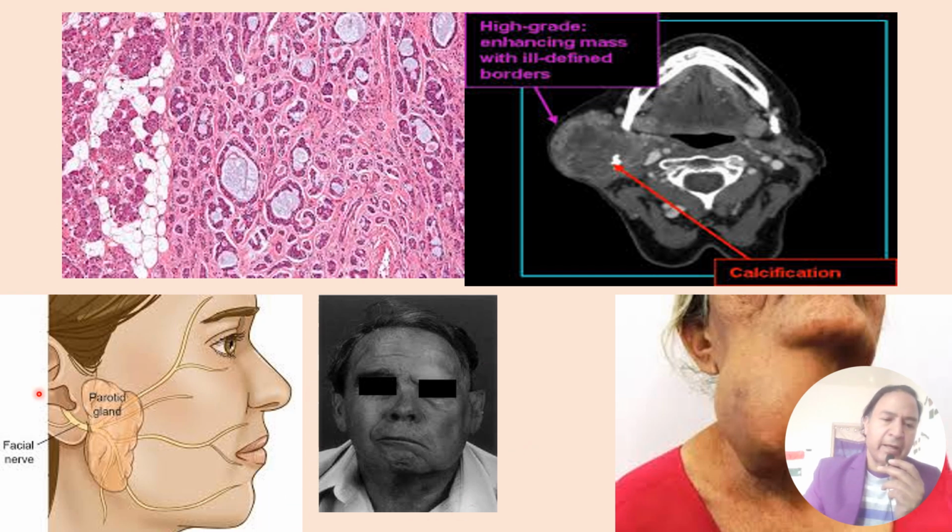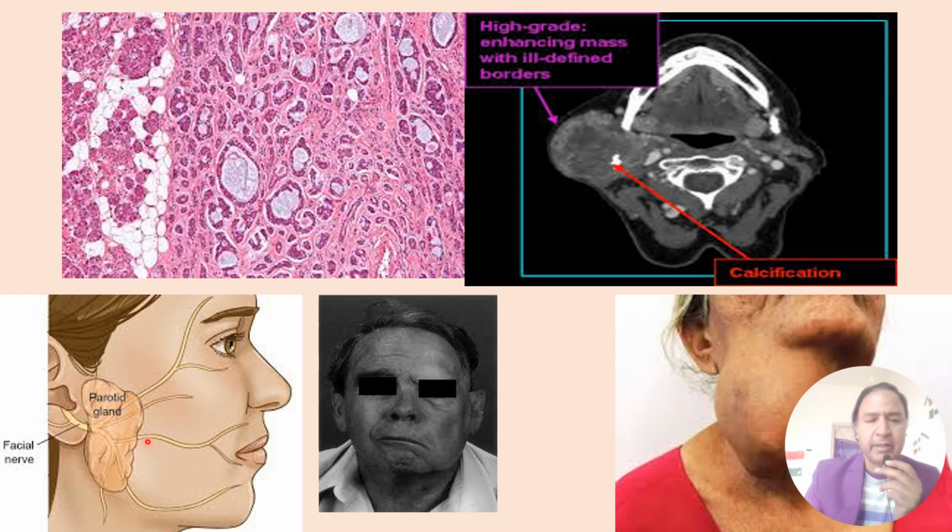In this diagram, we are showing a schematic diagram, as these diagrams have been downloaded from Google. This is the facial nerve. We have shown the proximity of the parotid gland to the facial nerve and its branches, as it passes between the superficial and the deep lobes.